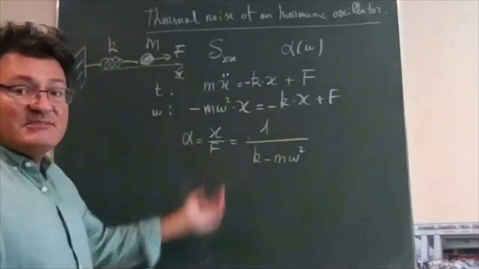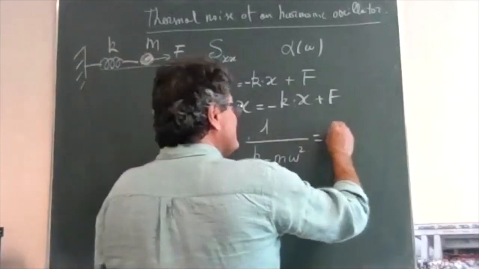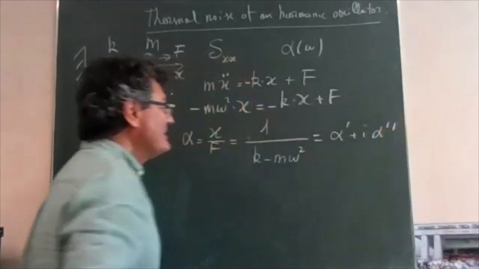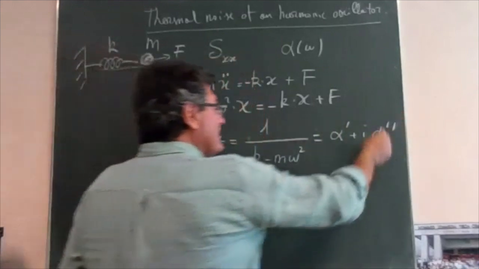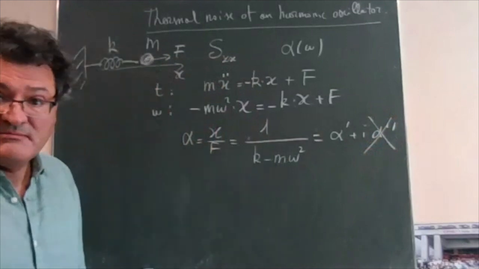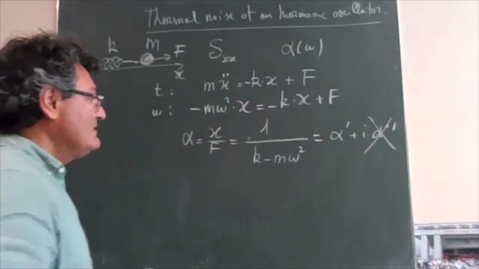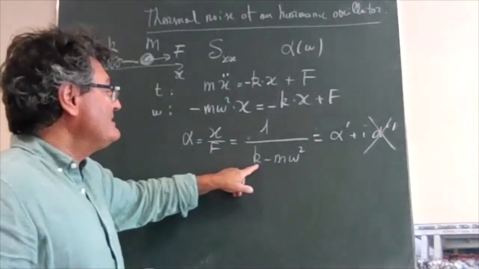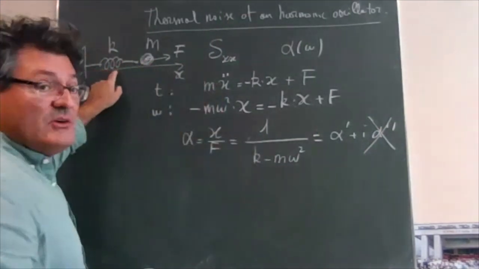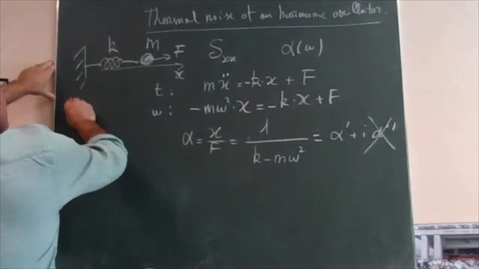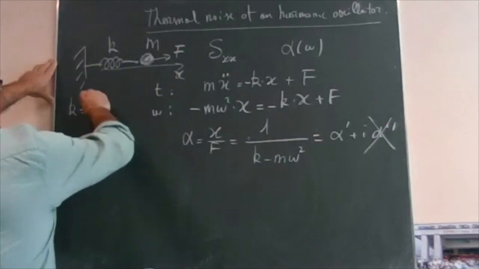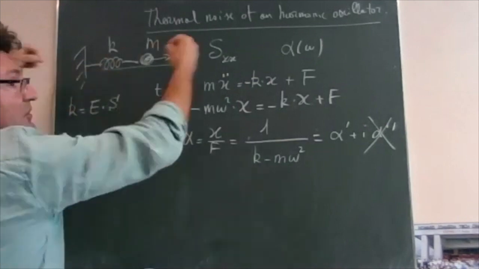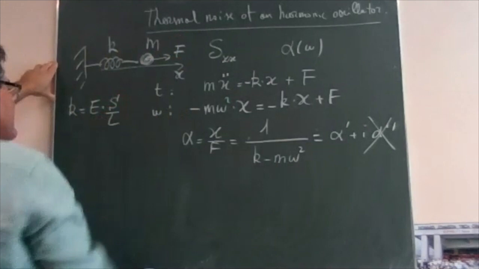So as the thing stands, this is alpha prime plus i alpha second, and we will see that there is no imaginary part, so there is no dissipation, no thermal noise. This is not true, because we know that the spring constant of a real system, we have seen, is the Young modulus times the cross-section of your material divided by the length, okay?